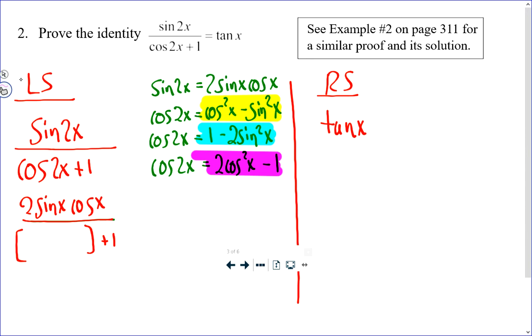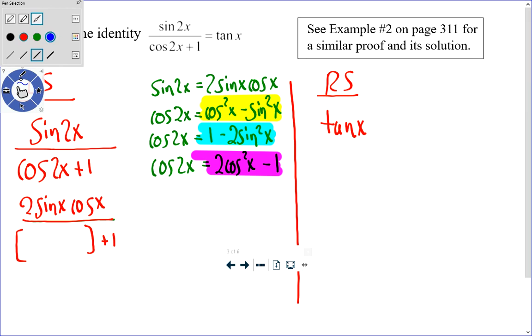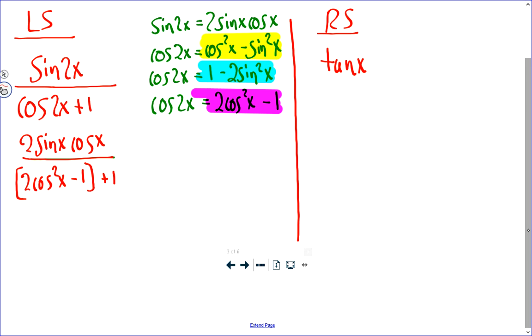So if I put down here in the brackets 2 cos squared x minus 1, an interesting thing happens. And that's that on the bottom you have 2 cos squared x minus 1 plus 1. Negative 1 plus 1 is 0, which means we have 2 sine x cos x on the top. And on the bottom we have 2 cos squared of x.